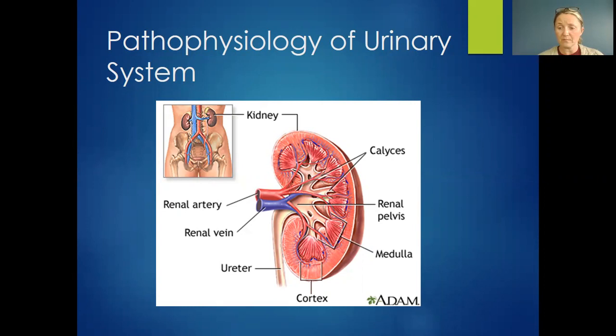So it produces the renin, which then will help form angiotensin 1, then converted to angiotensin 2, which will then increase your blood pressure because it will constrict your peripheral vessels. So it helps with blood pressure control.